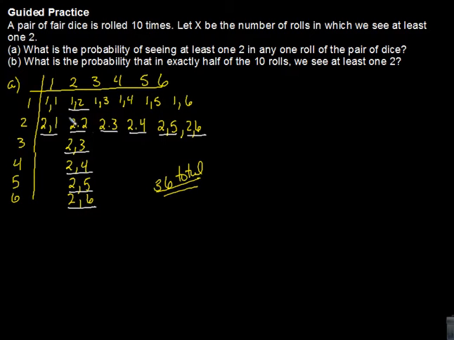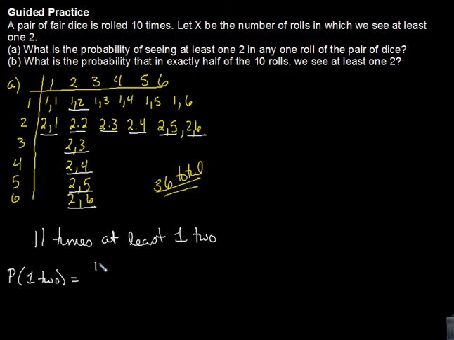This one only gets counted once. Does that make sense? So there's 11 times there's at least one 2. Let me write that out so it doesn't look like I wrote 12. So my probability of a 2 is 11 out of 36, which is 0.306.